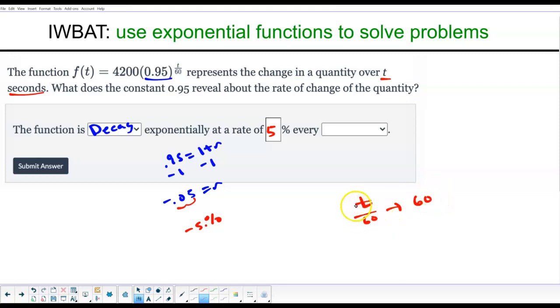I'll multiply by the reciprocal of 1/60th. So 60 seconds is equal to every minute. So for every minute that goes in for t, we'll divide it, and that will give us the quantity that we're trying to reveal.